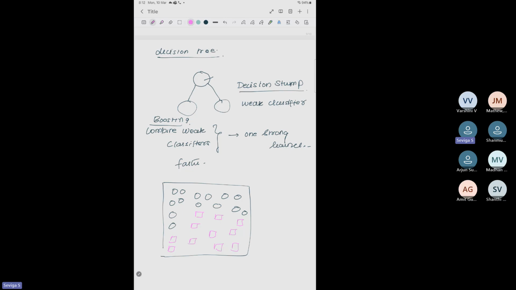They are linearly separable, but one single line cannot separate this data.